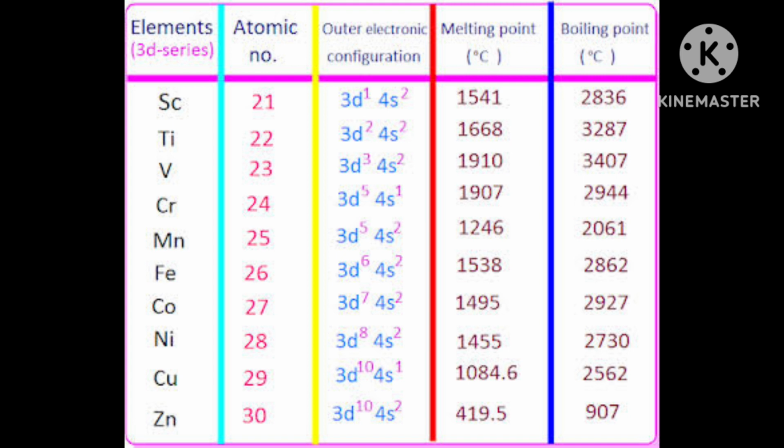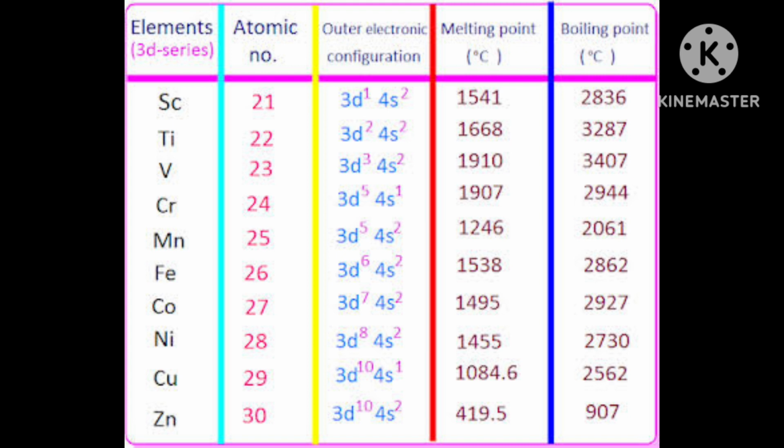V is vanadium, it is BCC, body centered cubic lattice. Chromium again BCC, and also found in CCP. Manganese, Mn, is a typical metal structure.